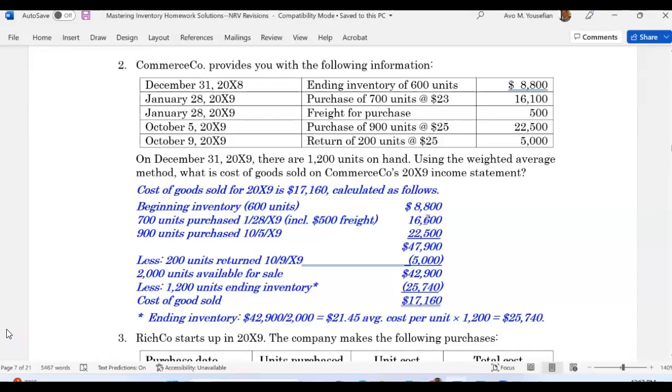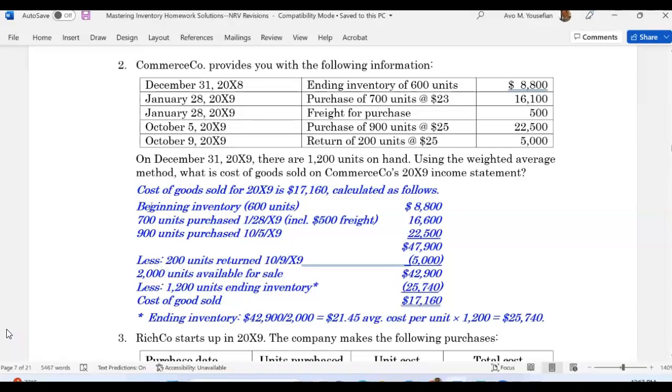So that ends up to be $16,600. 900 units again purchased in October. So that is $22,500. So total purchase so far is $47,900. However, we returned $5,000 of inventory. So 200 units has been returned, total cost of $5,000. That's a minus. So 2,000 units available for sale.